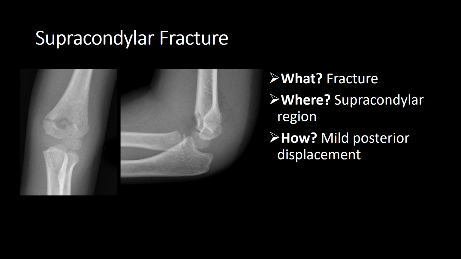How? Mild posterior displacement. We can say there's mild posterior displacement because the anterior humeral line still bisects the capitulum, as opposed to a more significant displaced supracondylar fracture where the anterior humeral line won't even bisect the capitulum at all.